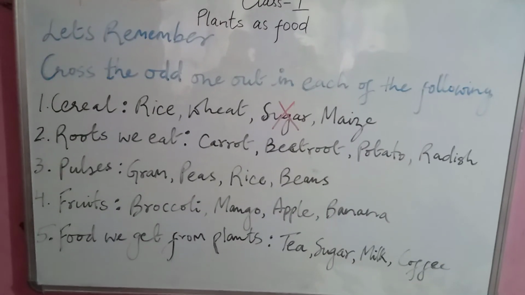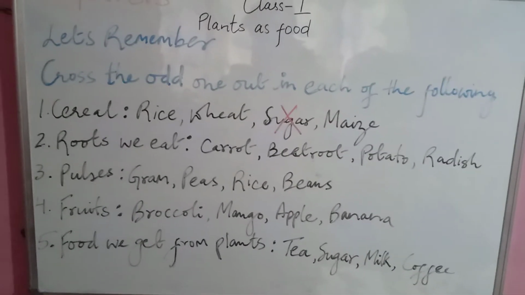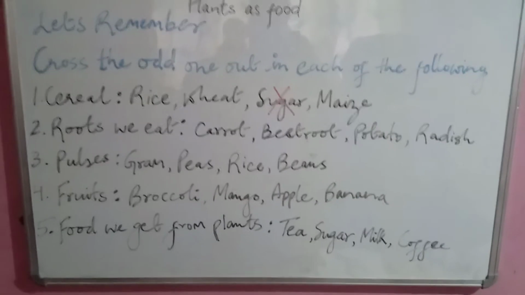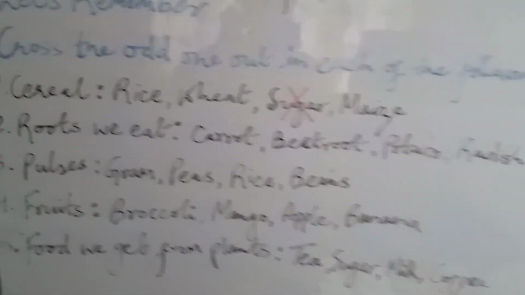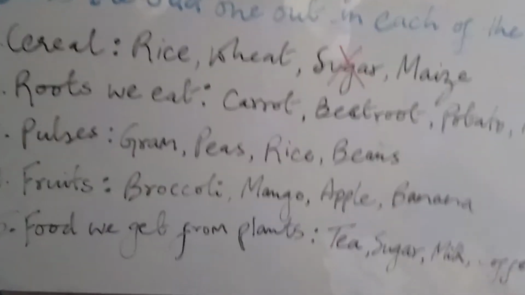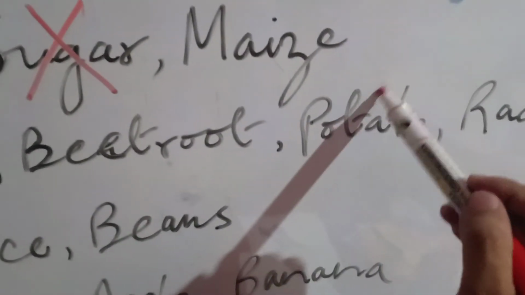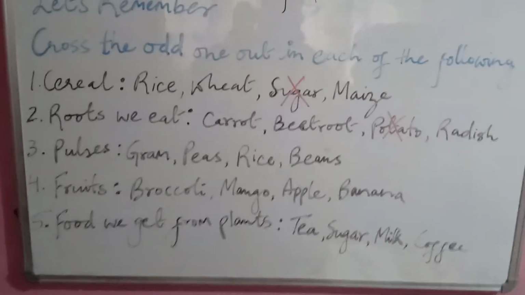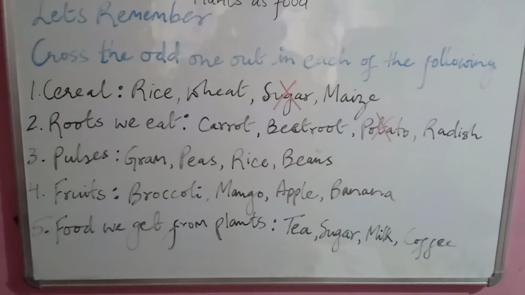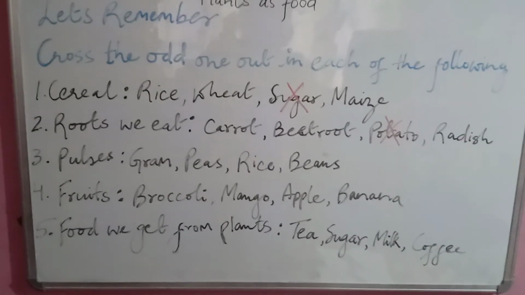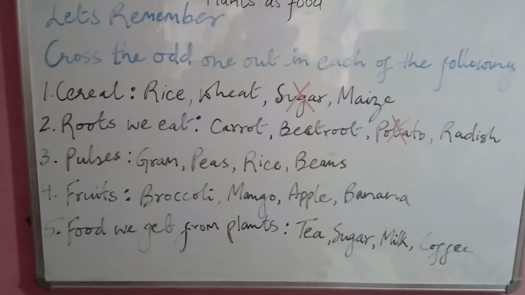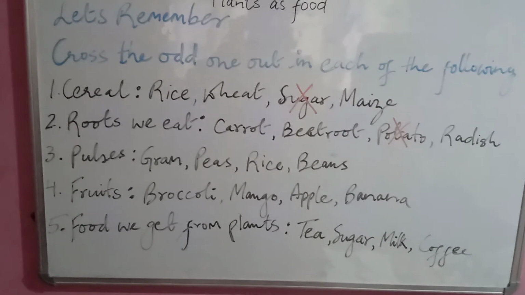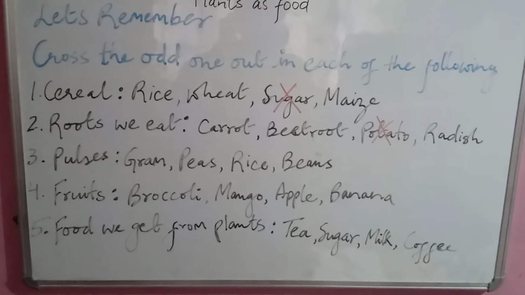And then roots we eat: carrot, beetroot, potato and radish. Carrot, beetroot and radish are roots, but potato is not. Why? Because it is a stem, not a root. After this, in pulses we have gram, peas, rice and beans.